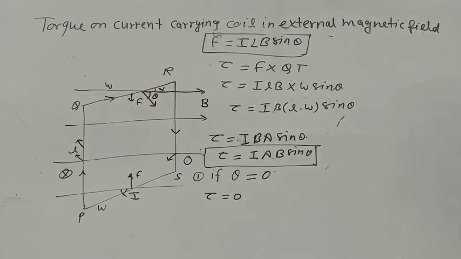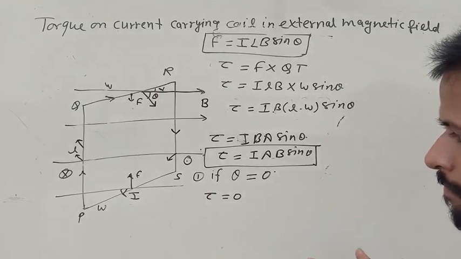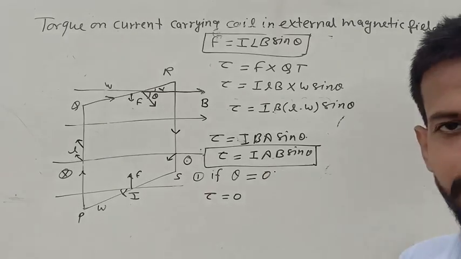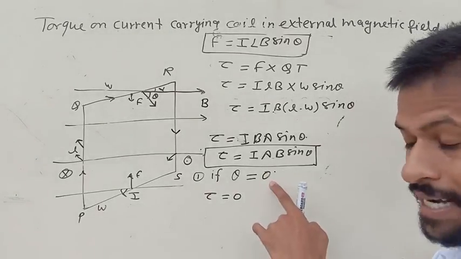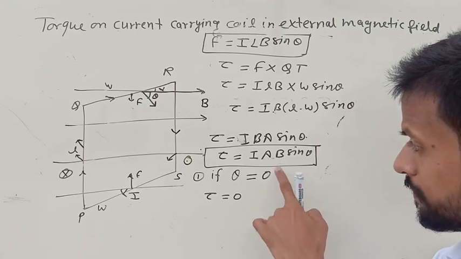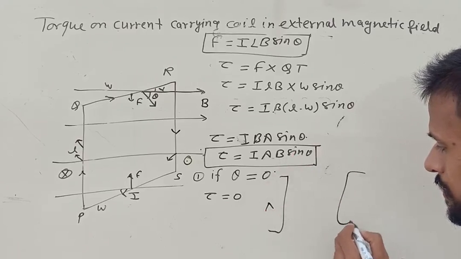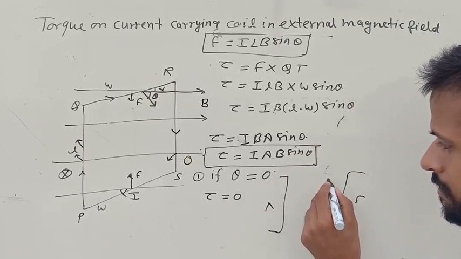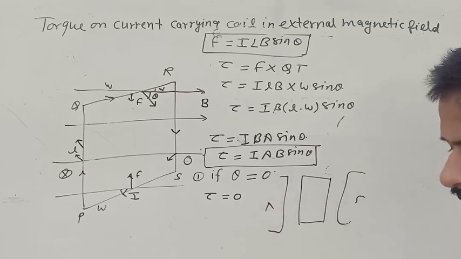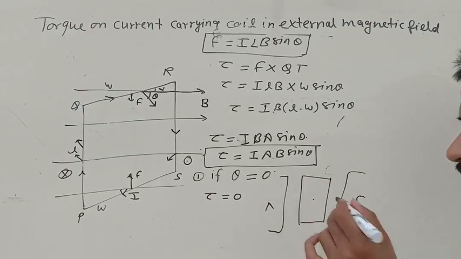What does it mean? It means when the area vector is parallel to magnetic field. So we write here N S, and this is the coil, and this is the area vector.